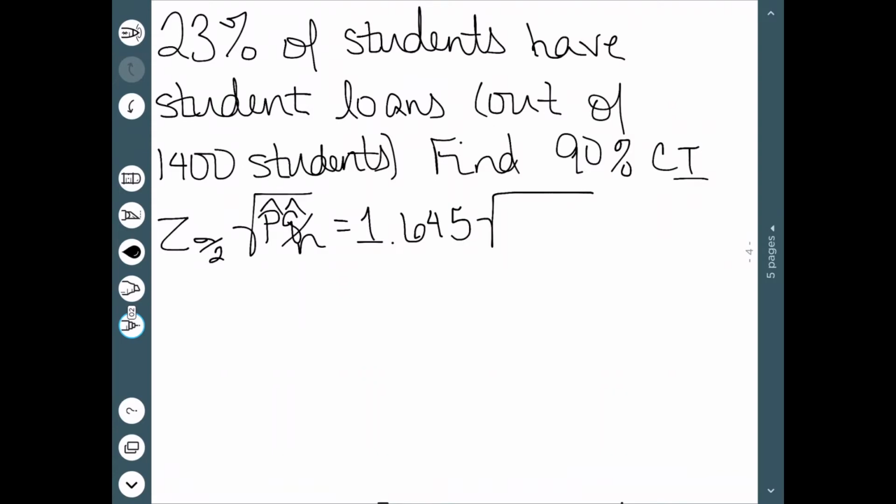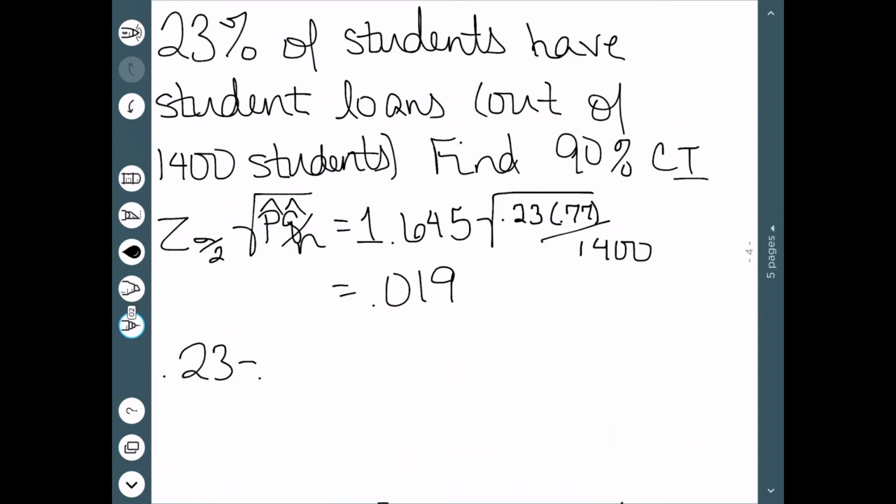times the square root of P hat, which is 0.23. In my last example, I had to find that, but in this example, it was given to me. Q hat would then be everyone else, 0.77, over my total of 1,400, which gives me 0.019.